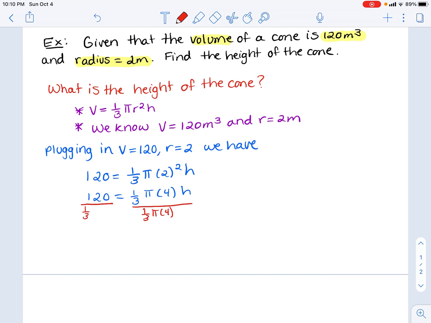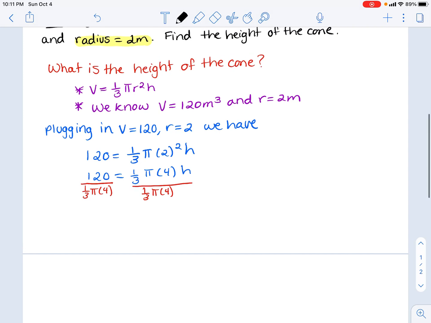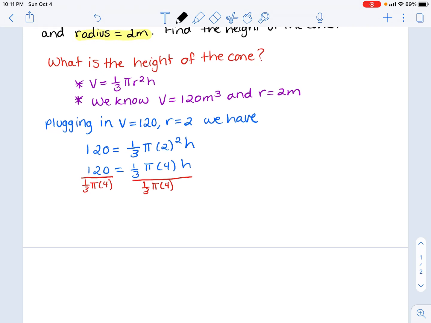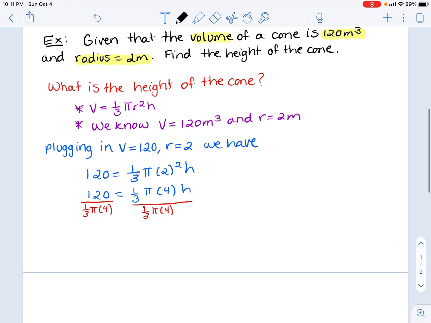And so I'm going to simplify what's in the denominator. How am I going to do that? Well, in this case we're going to use pi equal to 3.14, and of course, that's rounded.